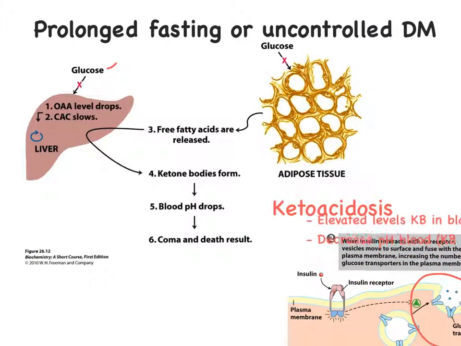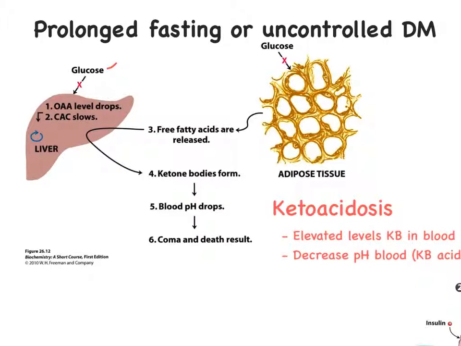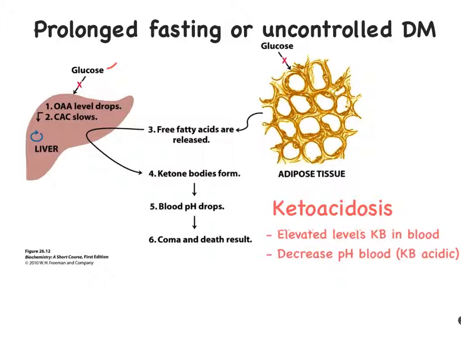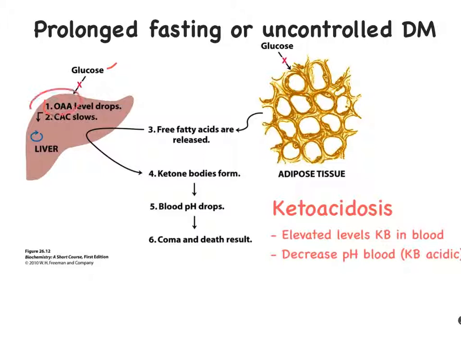And so if we either don't have glucose around because we have undergone prolonged fasting, or if we're in the case of uncontrolled diabetes and we're unable to take up the glucose into the cells, we have a decrease in our oxaloacetate levels. And remember, oxaloacetate is what we're using to get our acetyl-CoAs into the citric acid cycle, or TCA cycle.